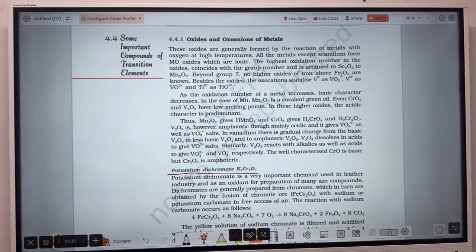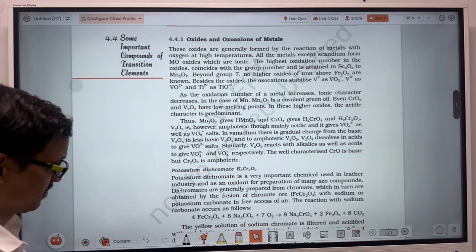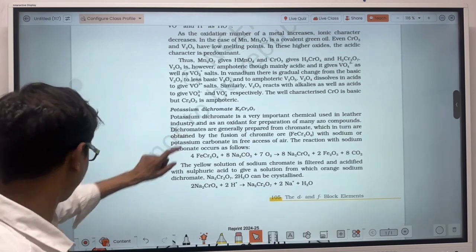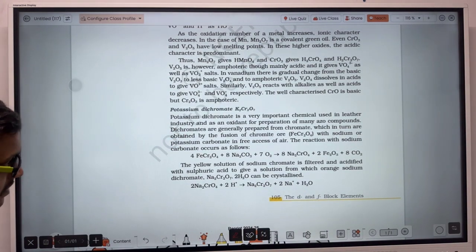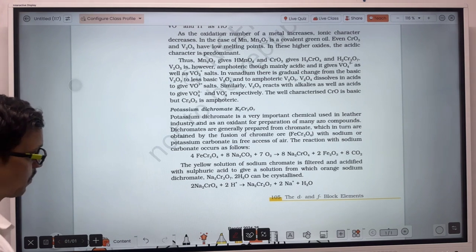K2Cr2O7. First of all, its method of preparation. Potassium dichromate is prepared from ferrochrome.